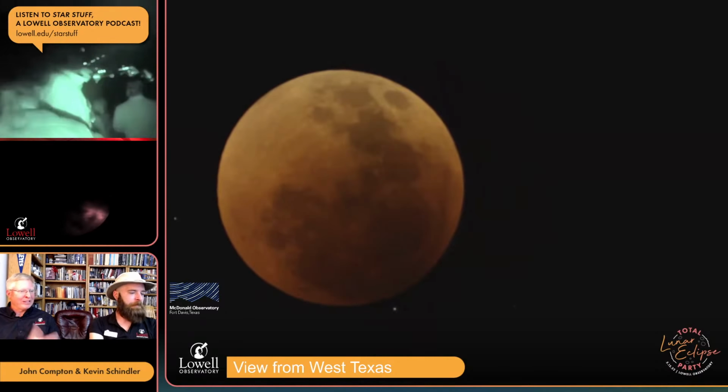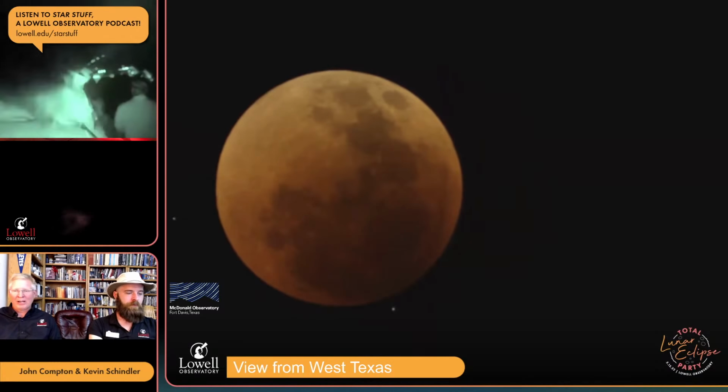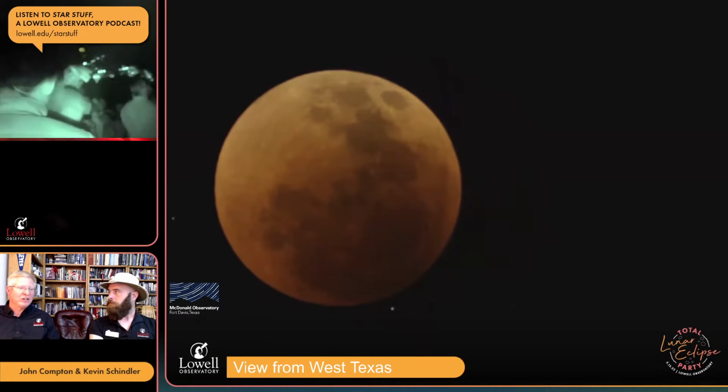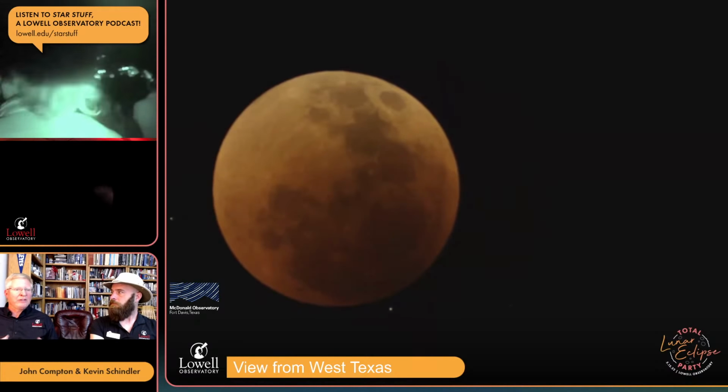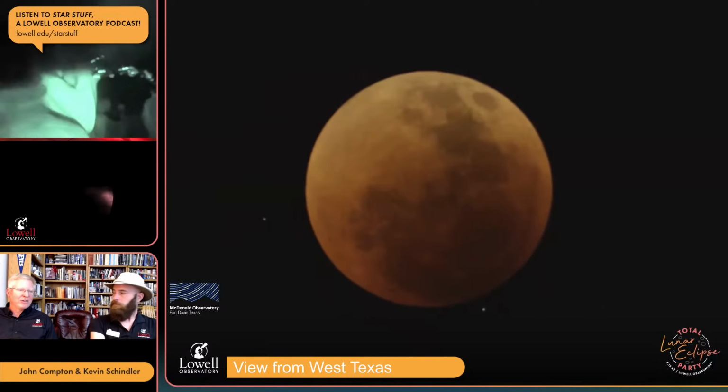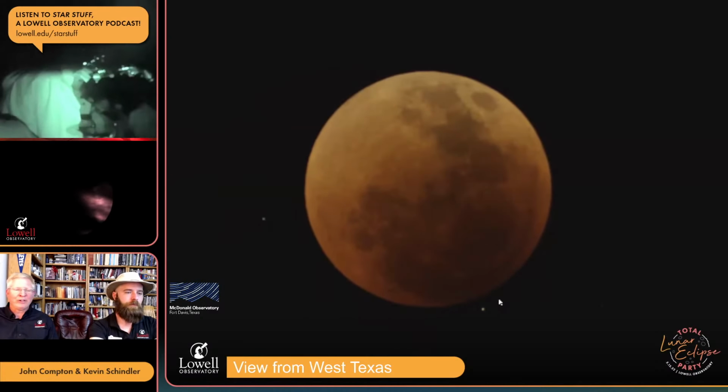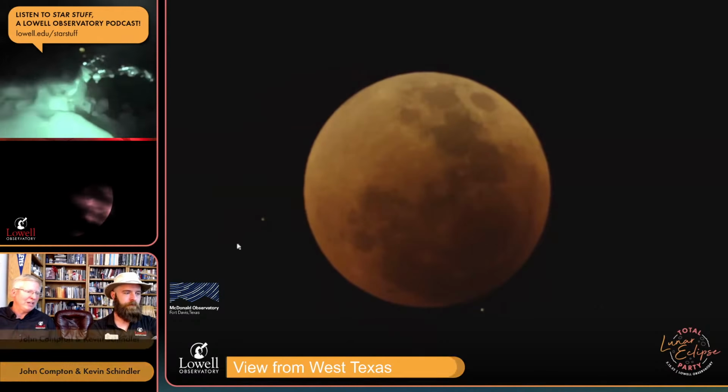I grew up collecting fossils, so I was always looking down. Now at the observatory, we look up, and it's fun to be able to see this. The one last year was at 2 or 3 in the morning, and it's fun to get up and see it. But for us in the West, this is about as well positioned and timed as we could get. For some people it's getting late, but it's an opportunity.